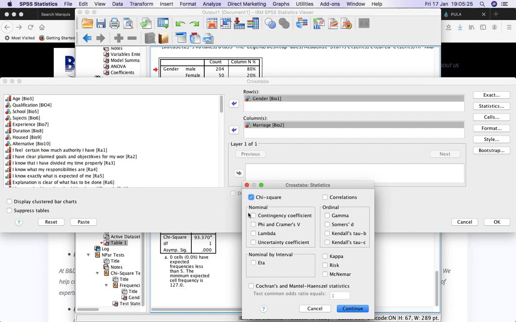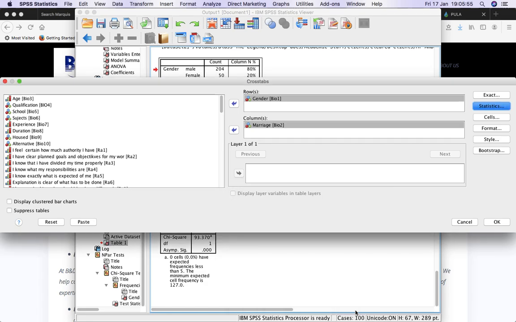They are nominal, so we choose from here. The ordinal we choose from here, nominal by scale or interval from here. These tell you the size of the impact. With the chi-square, I'll be interested in phi and Cramer's V, but I'm not 100% sure of all these others, so we shall search. Then you click OK.